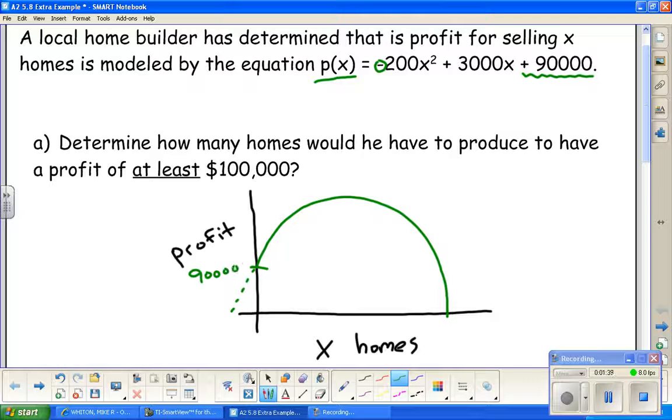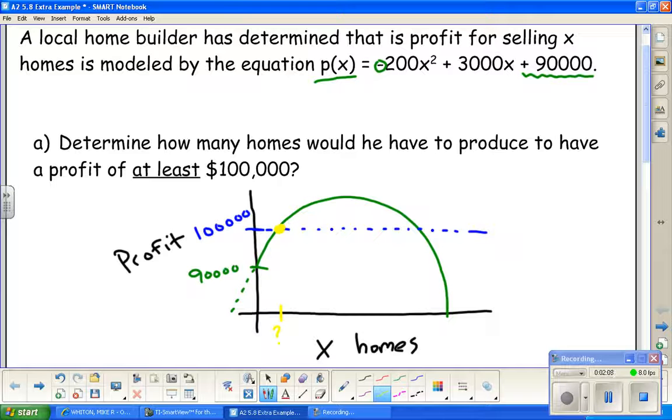And our question now is, how many houses must he sell in order to have the profit be greater than 100,000? Just to visualize, I think it helps. So let's say 100,000 is up here somewhere. If I continue that across, we can see that there is some number of homes, whatever this X value would be down here.